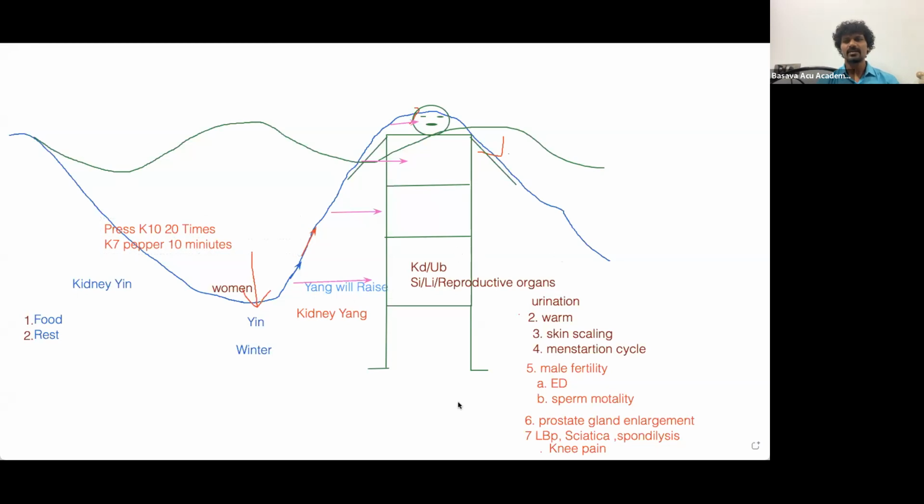To raise the yang, I planned to tell tomorrow, but I'll tell today only so that you can understand better. The best point is K3 tonification, or you can sedate K5. These 2 points are enough.